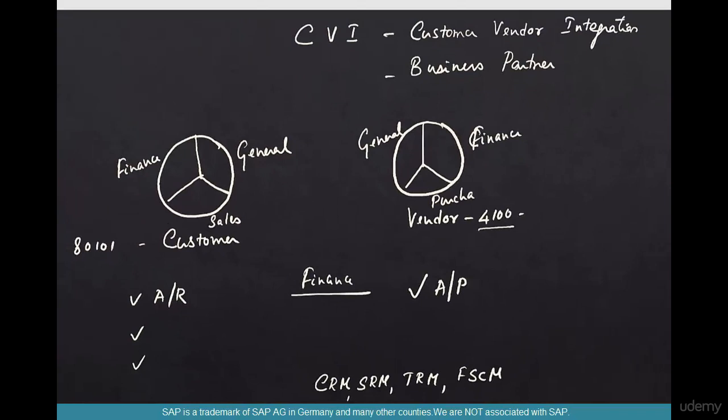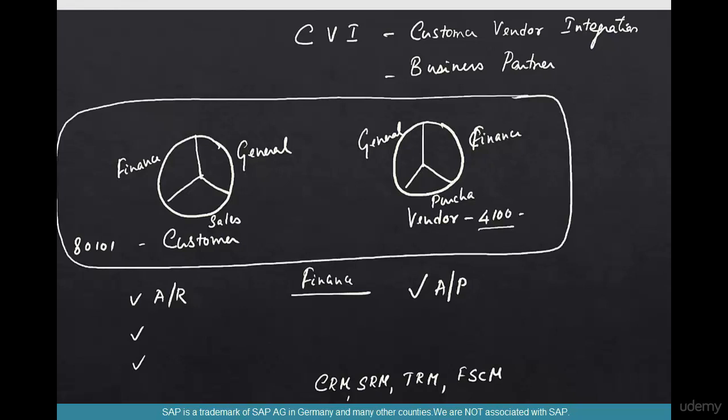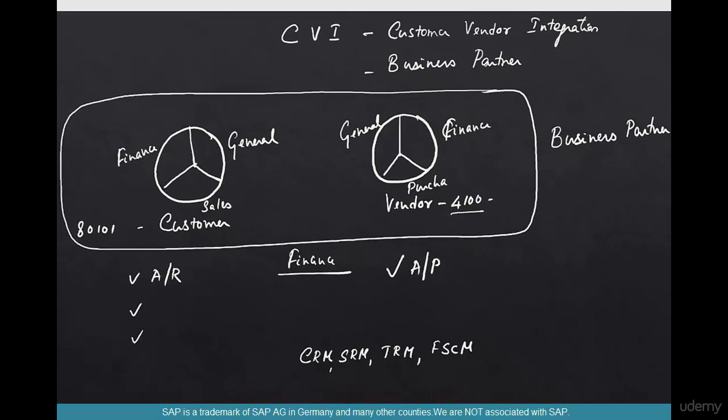The old model of having one rigid model for customer and one rigid model for vendor no longer holds good with these new dimensional modules. So what SAP has done is create a shell around this and give it a general name called business partner.